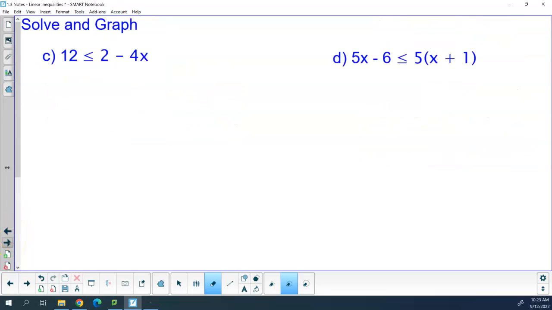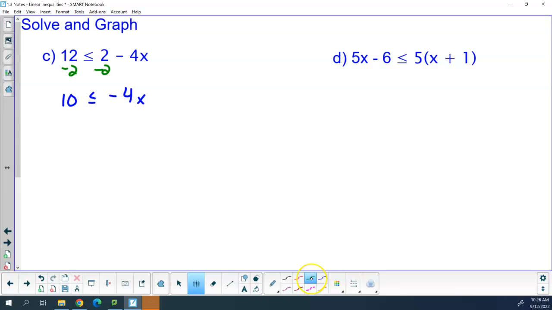All right, try those two. All right, so first thing I would do, and again, you don't have to necessarily do it my way, is subtract 2 from both sides. Then that gives me 10 is less than or equal to negative 4x.